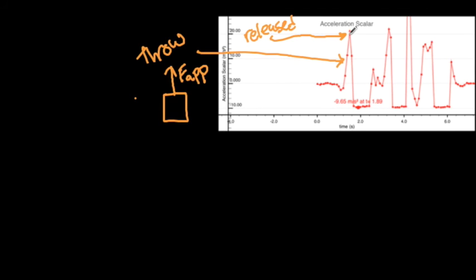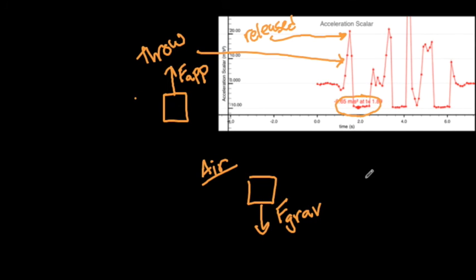And then as soon as the ball was released, the net force causing the acceleration, as soon as the ball was in the air, was from gravity. And gravity accelerates all objects at approximately 9.81 meters per second squared here on Earth. And so as soon as the ball is in the air, you get this acceleration that's really consistent right here.